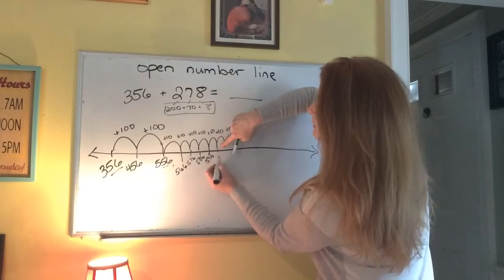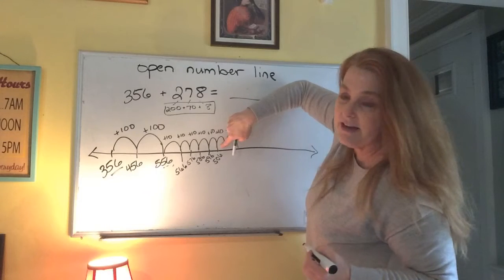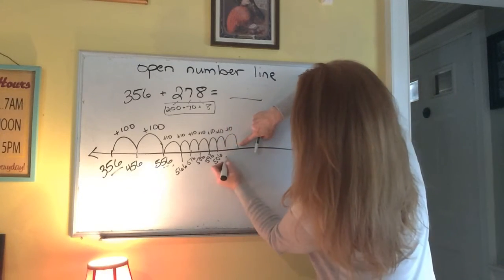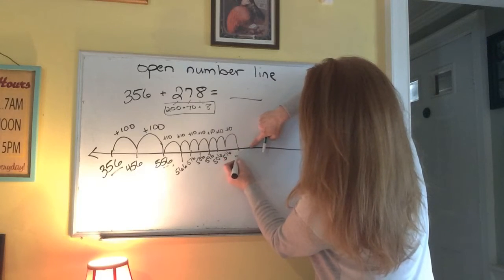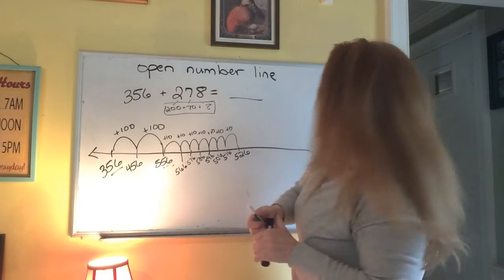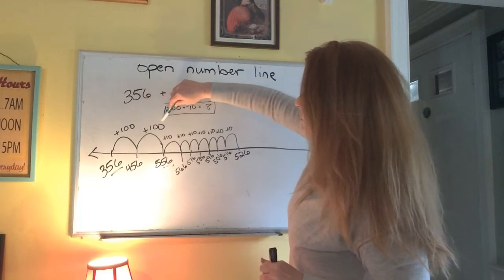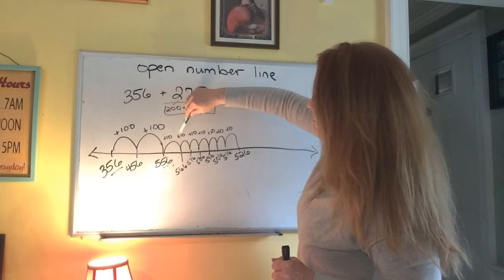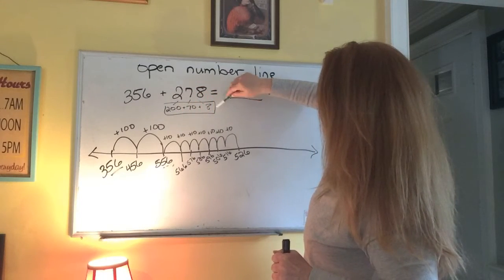Another 10 would be 506. And then another 10 would be 516. And another 10 would be 526. I'm going to add up my jumps, make sure it equals this. 100, 200, 210, 20, 30, 40, 50, 60, 70, 270.